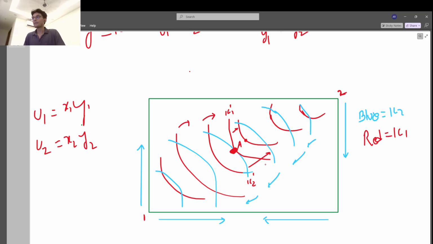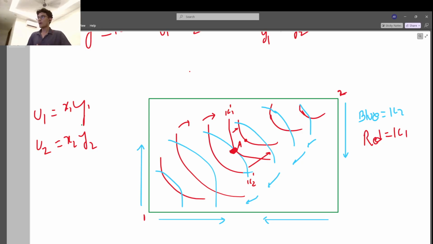If it adds value, then you are better off. If it adds misery, then you are worse off. And if it doesn't change the state you are in, then you are indifferent.